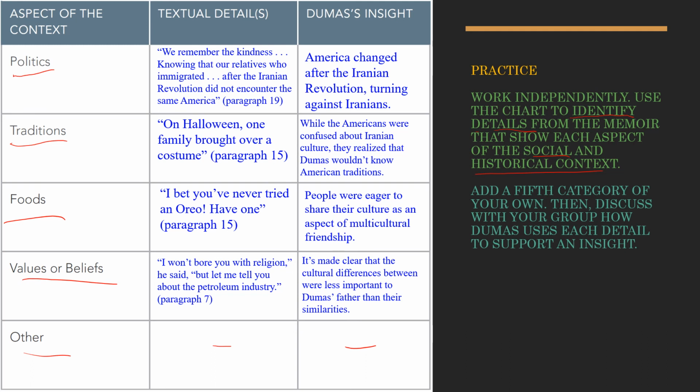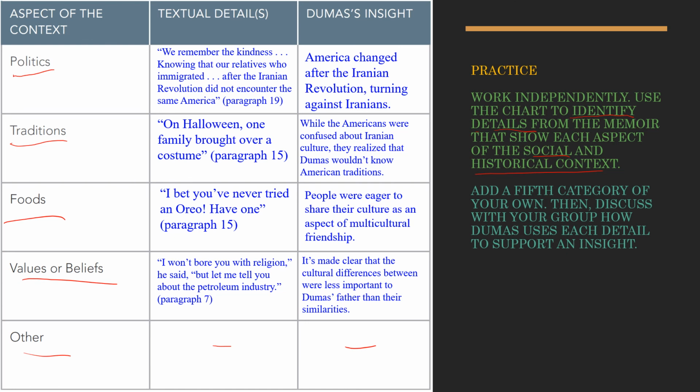That's why he didn't want to talk about religion. Instead, because he knows that they have different religions, he wanted to focus on similarities. He said petroleum because there is a petroleum industry in Iran as well as in the US. So he was focusing on similarities, not differences. This is the insight from Duma.